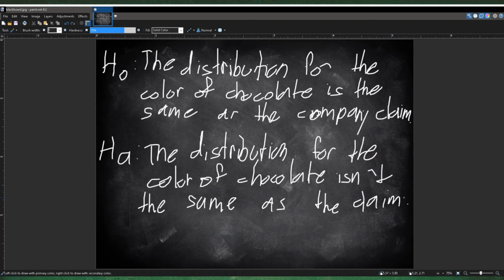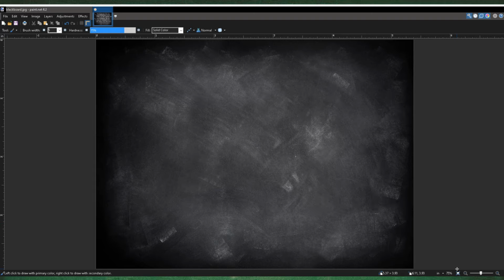To put these all in context, right? I didn't just say the distribution is the same and the distribution isn't the same. I said the distribution of the color of the chocolate. So you have to put everything in context, like the company's claim, the color of the chocolate. Give everything in context when you're doing these questions. So that's the test. Now let's actually work on the mechanics.